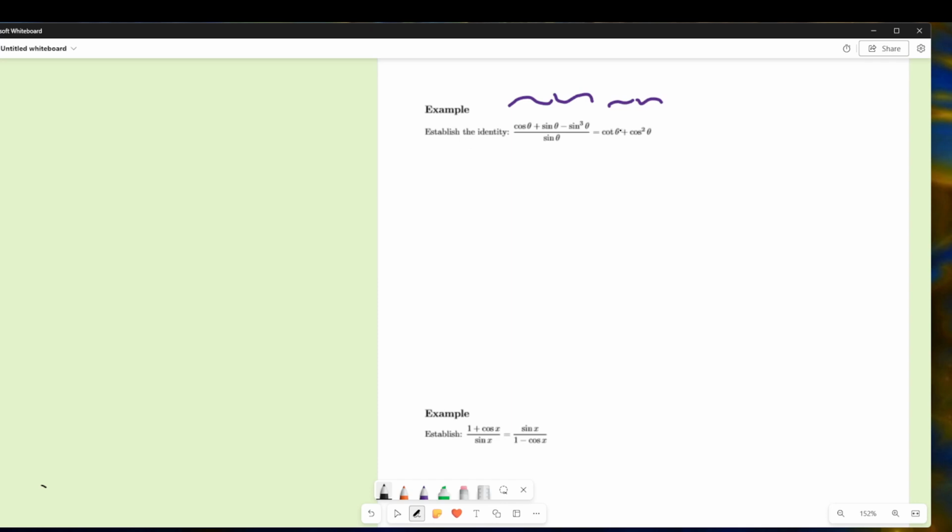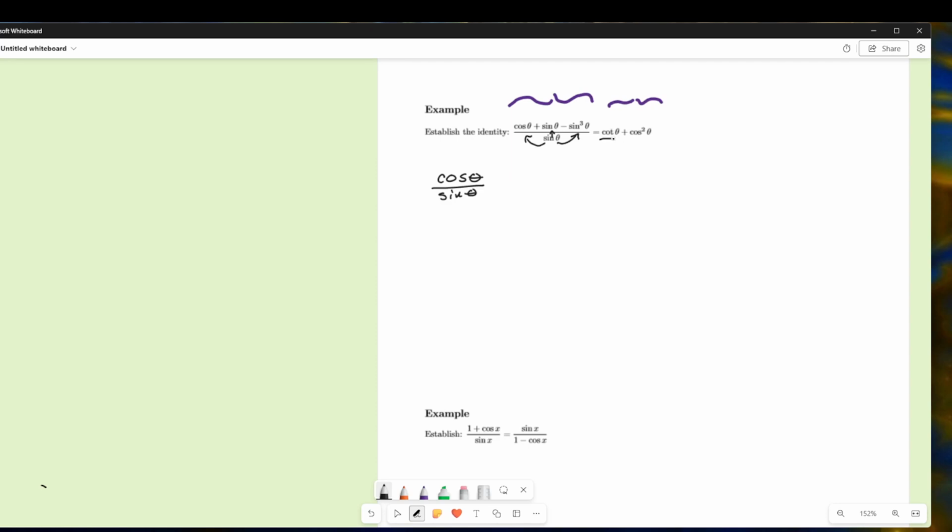So how are we going to go about that? Well, we've got lots of choices. One of the things here, I don't like all this division, so I'm kind of inclined to divide that sine theta into all of these pieces. Now, what's going to happen with that? I don't know. Hopefully, something nice will happen with that. We'll see. That will give us cosine theta over sine theta, which will turn into a cotangent eventually.